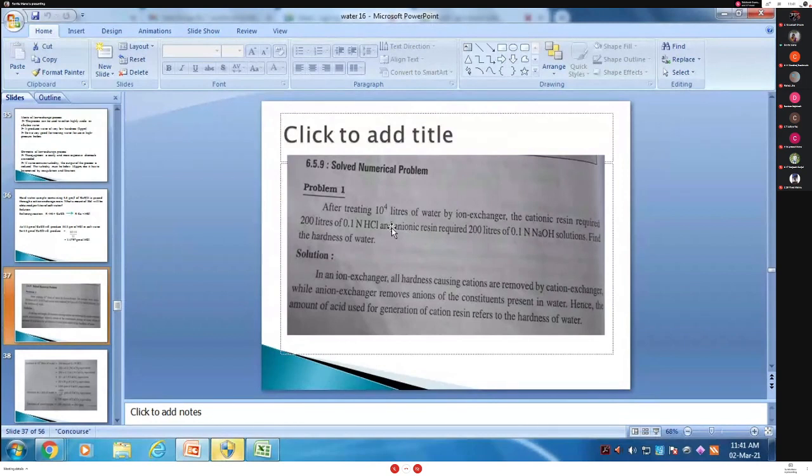After treating 10 raised to 4 liters of water by an ion exchanger, the cationic resin required 200 liters of 0.1 normal HCl, and the anionic resin required 200 liters of 0.1 normal NaOH solution. Find out the hardness of water.